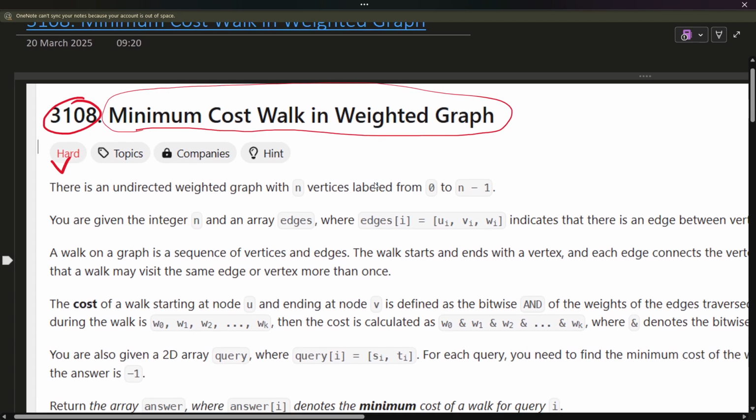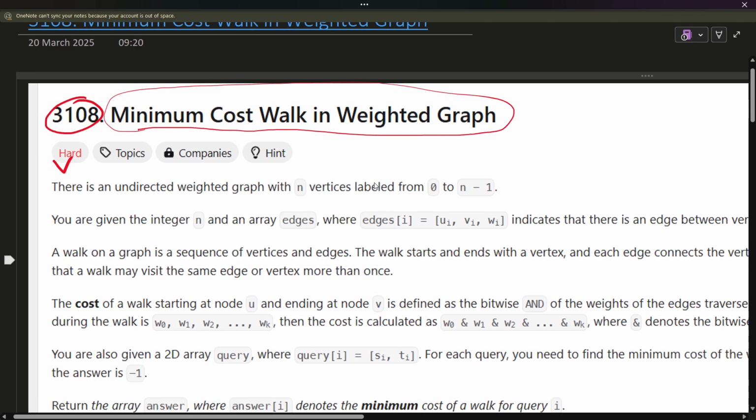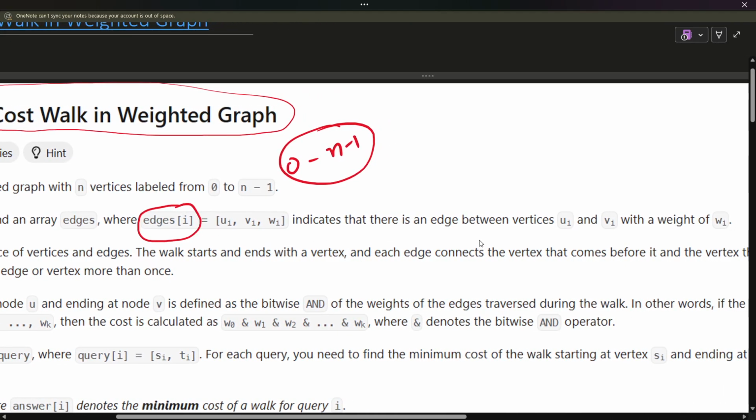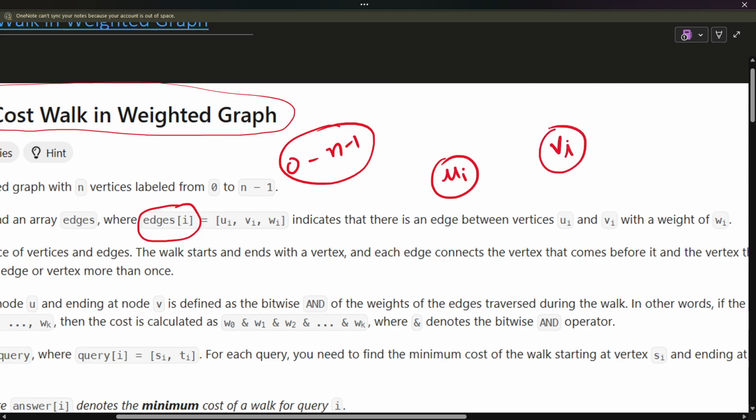There is an undirected weighted graph with n vertices labeled from 0 to n minus 1. You are given an integer n and an array edges where edges[i] equals ui, vi, wi, which indicates that there is an edge between ui and vi, and the weight is wi.